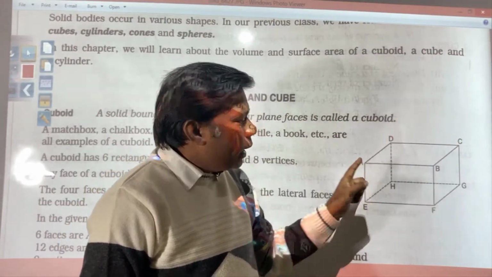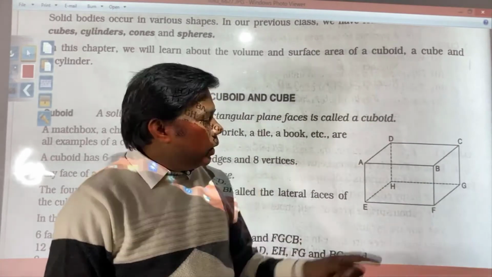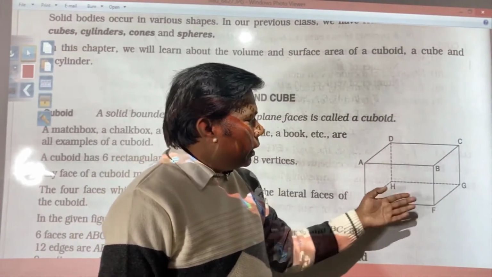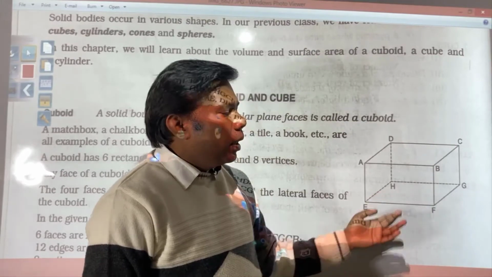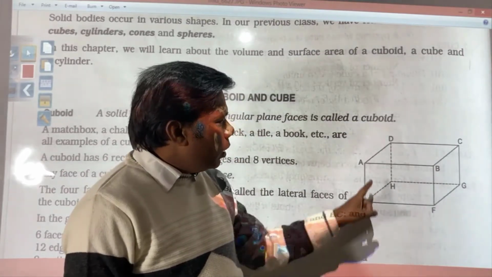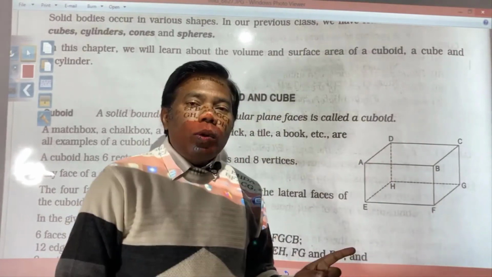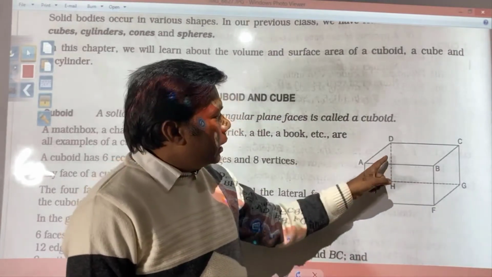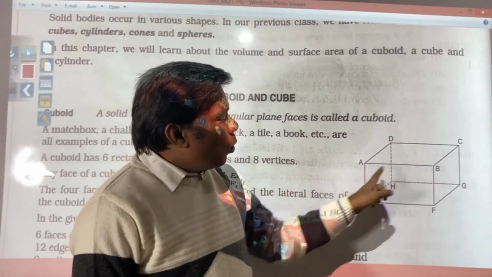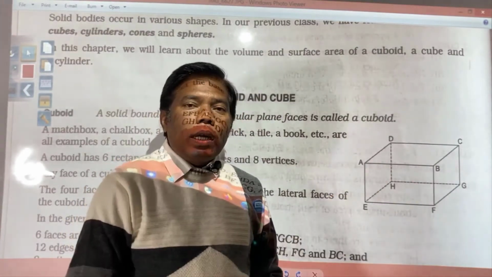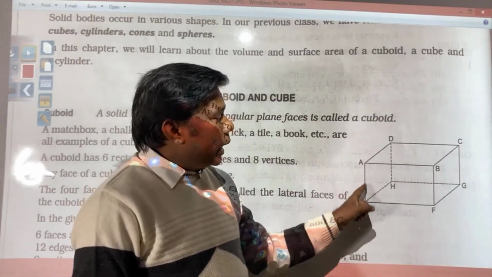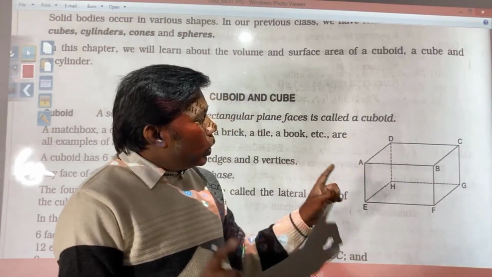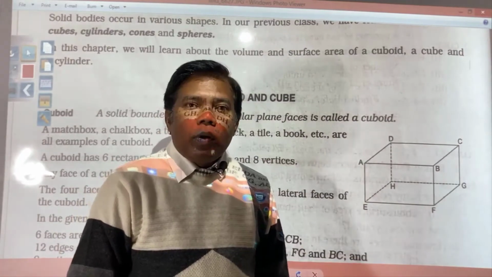So all are rectangular in shape. Just see E, F, G, H is rectangular in shape. Your floor and your ceiling are also rectangular in shape, and the 4 walls as well. Just look around and see all are rectangular in shape. So all together this will be called a cuboid.